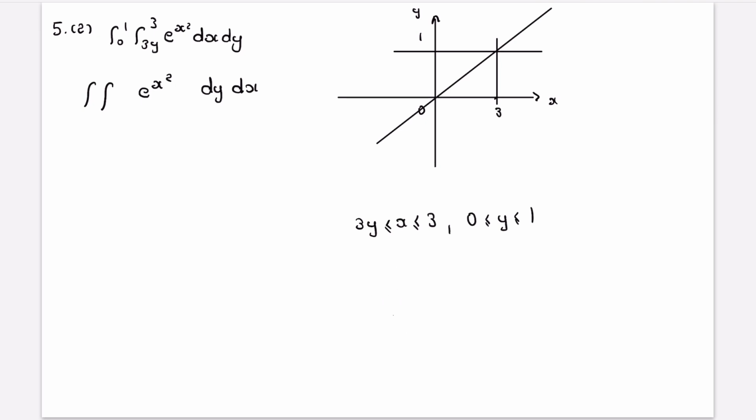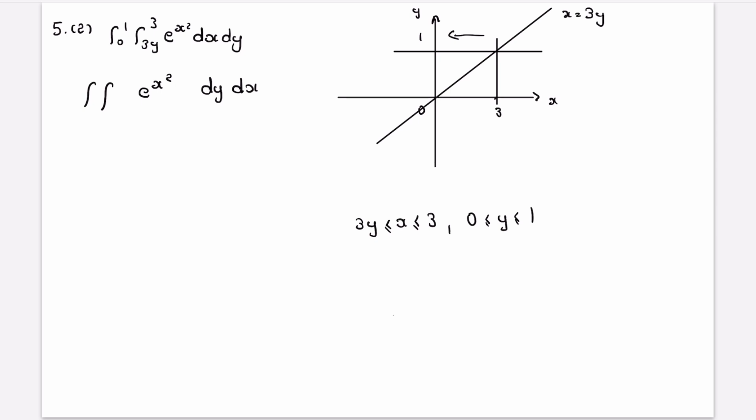So let's determine the range. y is between 0 and 1, so it has to be between this and this, and then x is less than 3. Less than 3 means this side, because it is less than 3.